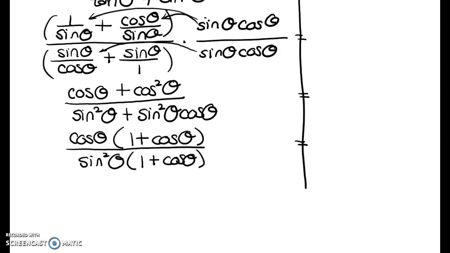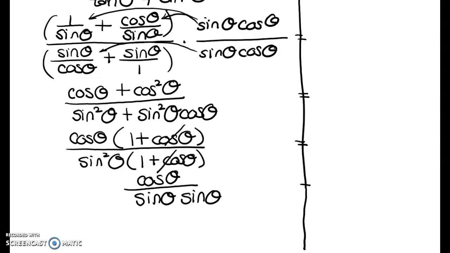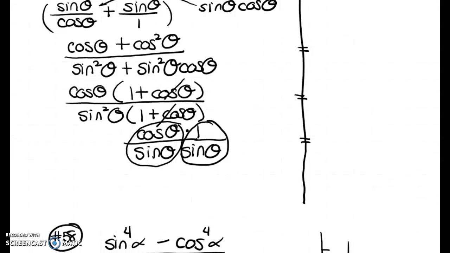Oh, that worked out well, because now my 1 plus cosine of theta reduces out, and I'm left with cosine of theta over sine squared theta, and I'm going to split this up: cosine of theta over sine of theta, times 1 over sine of theta. What do I know about this? I'm going to put a multiply by 1 here. I'm going to circle those two because I believe that gives us our answer.